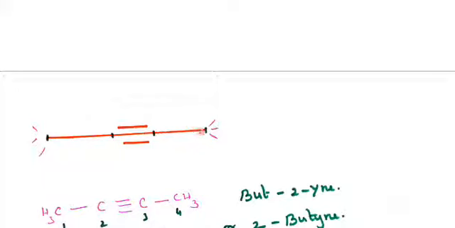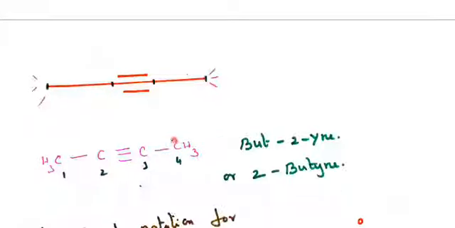For this carbon, only one bond, so 4 minus 1, 3 hydrogen. So I have written it as CH3, single bond, C alone linked with a triple bond, and next is C, single bond, and next is C with the hydrogen. So CH3, C, triple bond C, CH3.